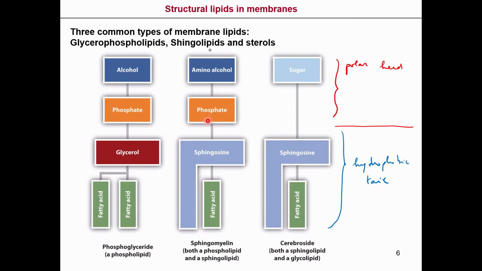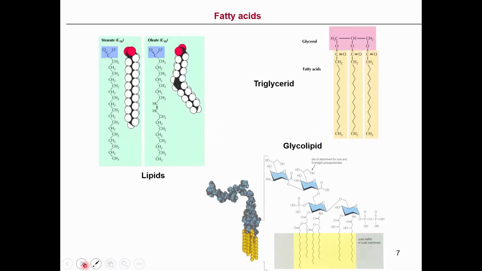And this phosphate group is linked with another polar molecule, which is an amino alcohol. You can have this kind of molecule also, but the common structure of these membrane lipids is always a polar head and a hydrophobic tail.